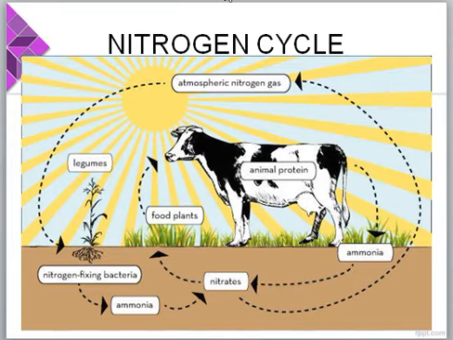The third step is assimilation. During this stage, the roots of the plants will absorb the ammonia, ammonium, and nitrate produced by nitrogen fixing bacteria and nitrifying bacteria.